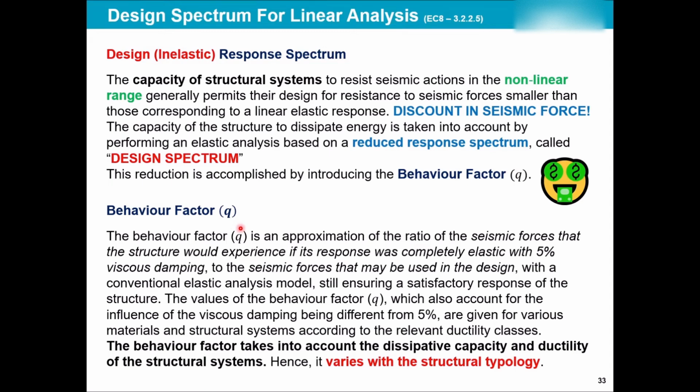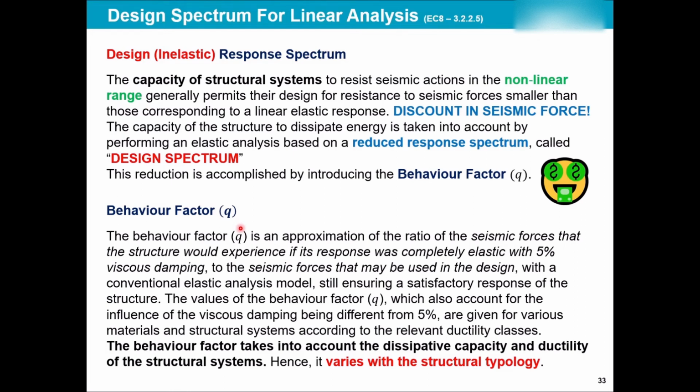And the behavior factor simply takes into account the dissipative capacity and ductility of the structural systems, exactly as we discussed: the possibility of dissipating energy, as well as the material ductility and the material's nonlinear behavior.